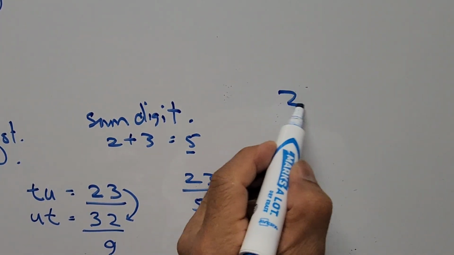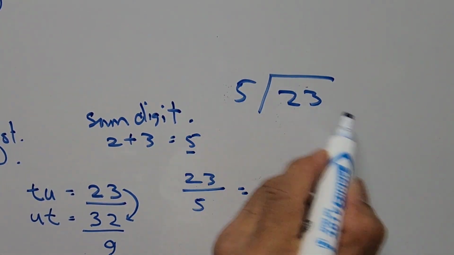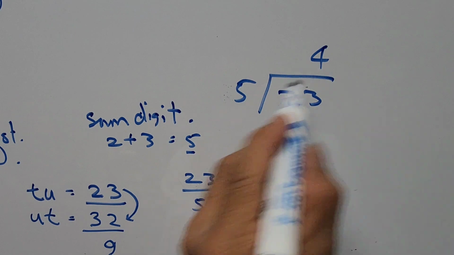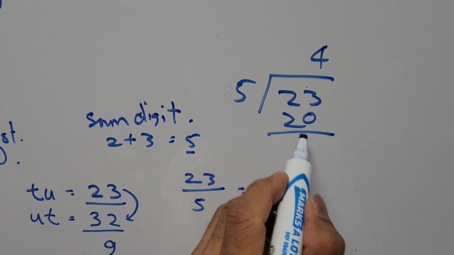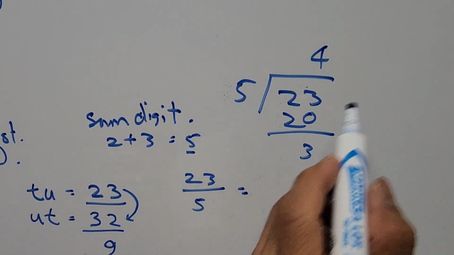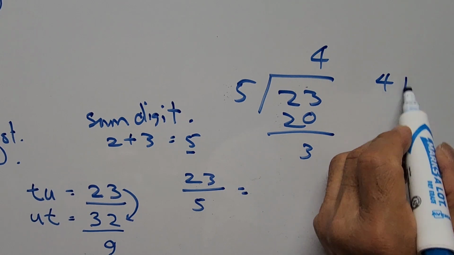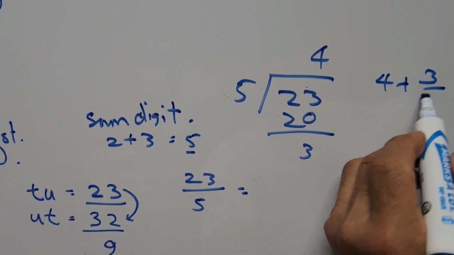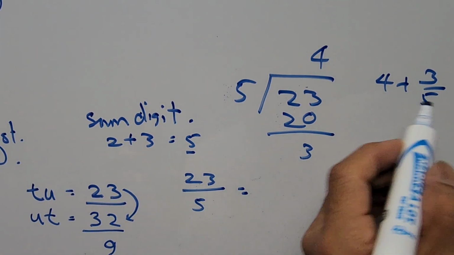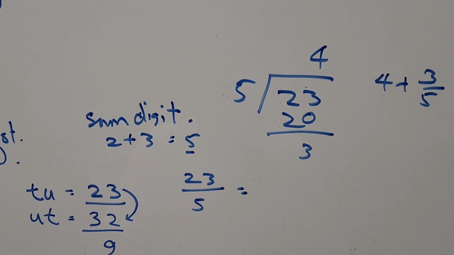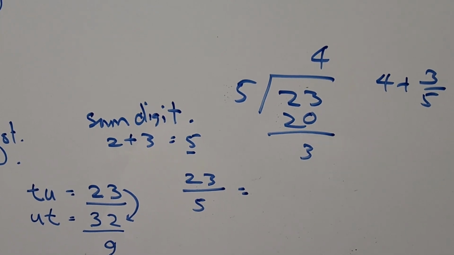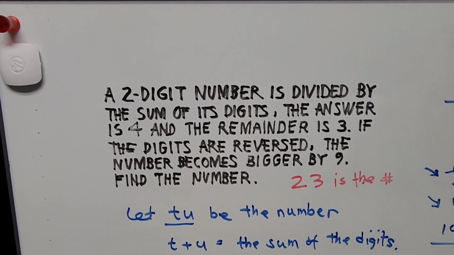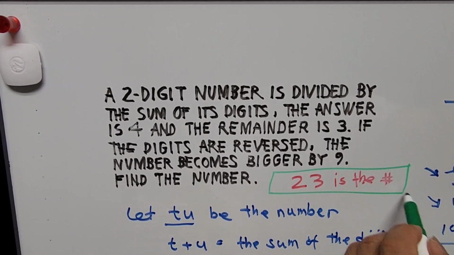So we have 23 divided by 5. That's 4. 5 times 4 is 20. Remainder 3. So this is written as 4 plus 3/5. So here we proved that our answer is correct. Okay? And so the number is 23. That is our final answer.